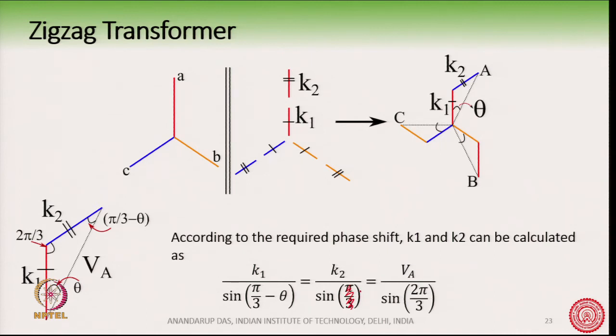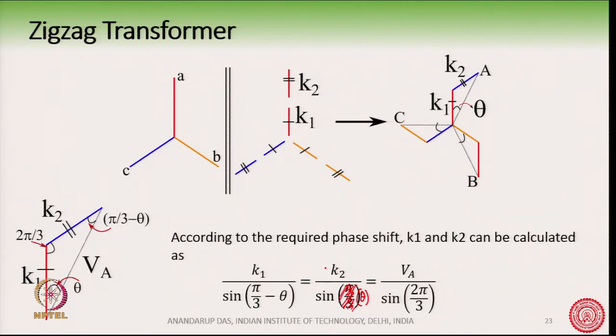So, this is not pi by 3, this is K2 by sin theta. So, there is a mistake here. So, K2 by sin theta is equal to VA by sin 2 pi by 3. Now we can find the required K1 and K2 in terms of VA.